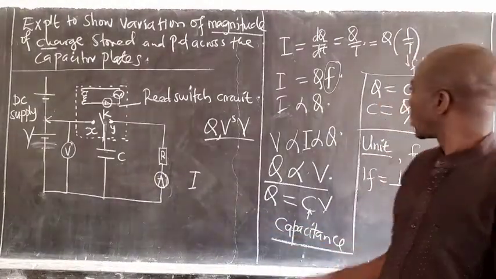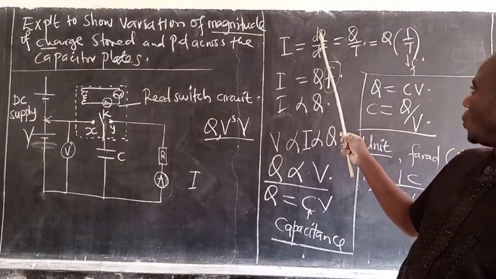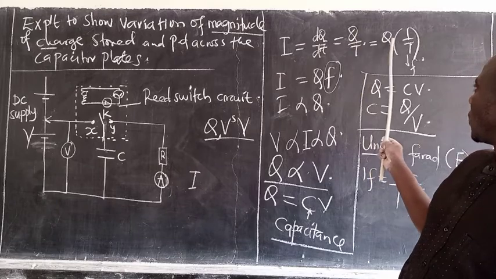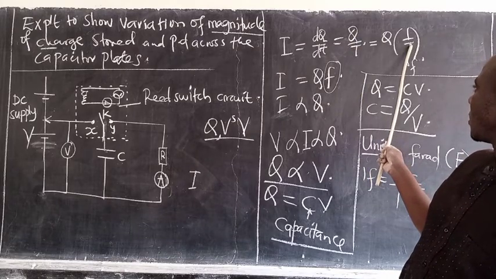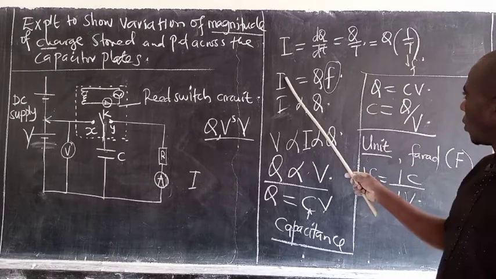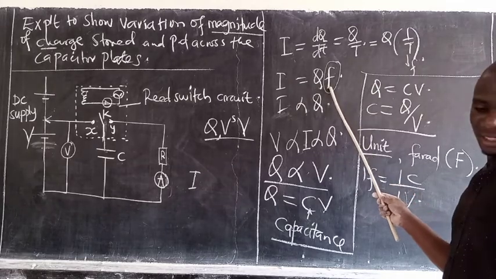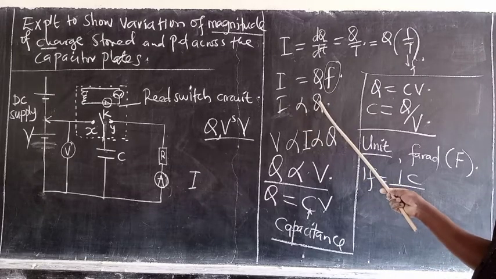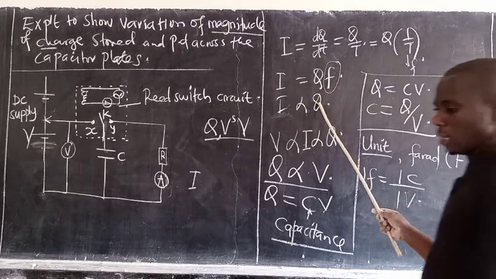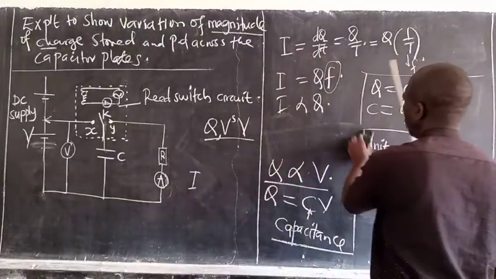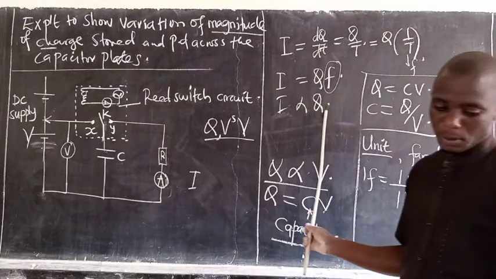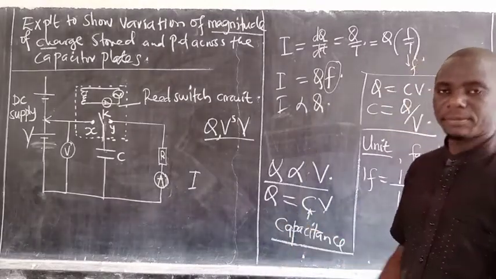where I is dQ/dt, which is equal to this, which means that I is proportional to the magnitude of charge.